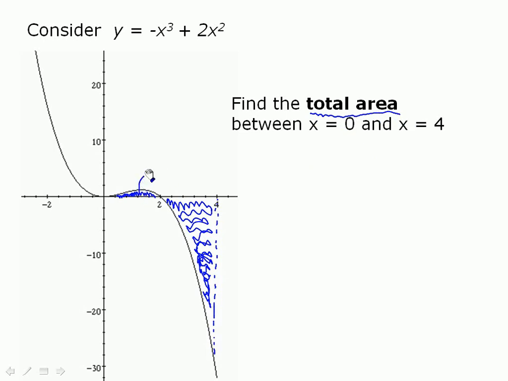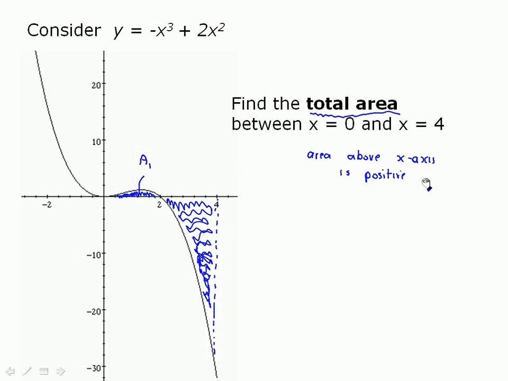Because if we call this area up top A1, A1 is going to be positive, because the way we have these things set up, we're always dealing with the values above the x-axis. The area above the x-axis is positive, what we've been dealing with so far.